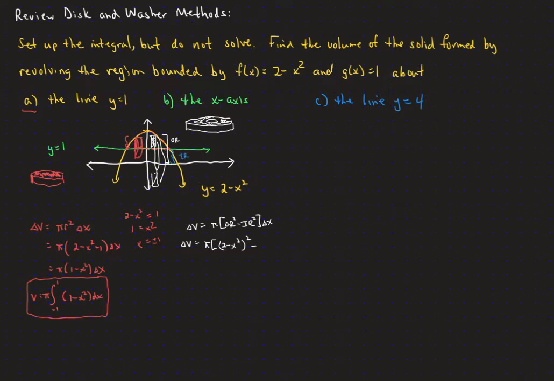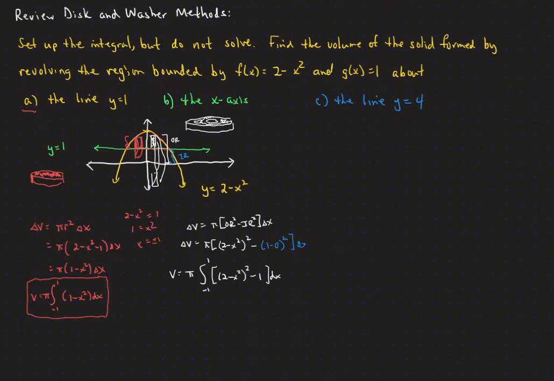That inside radius is again going to be vertical. That's going to be the top curve, which is 1, minus the bottom curve, the x-axis, 0, and then that's going to get squared. So our volume is going to be pi times the integral from negative 1 to 1 of 2 minus x squared, squared, minus 1 squared, which is 1, dx.